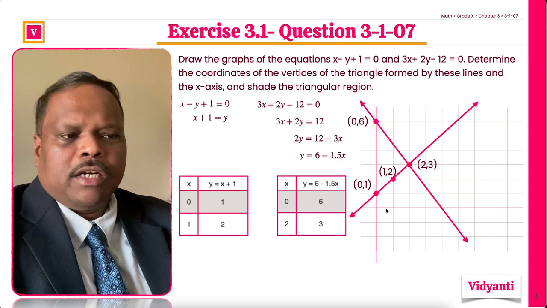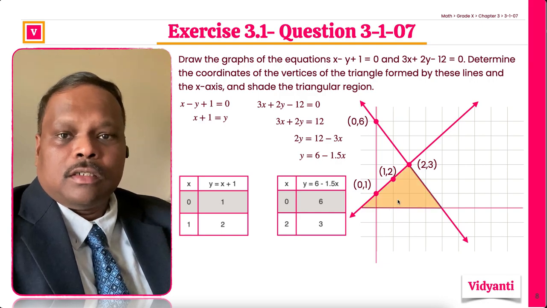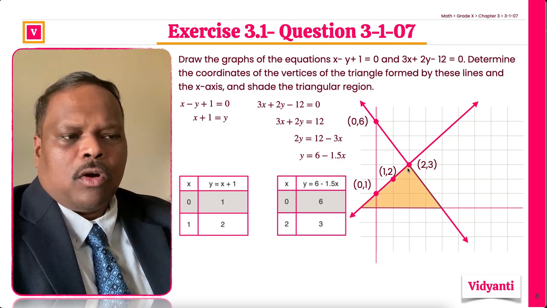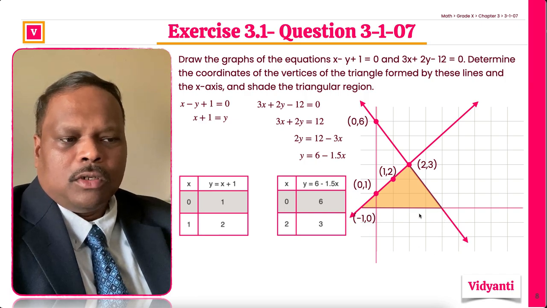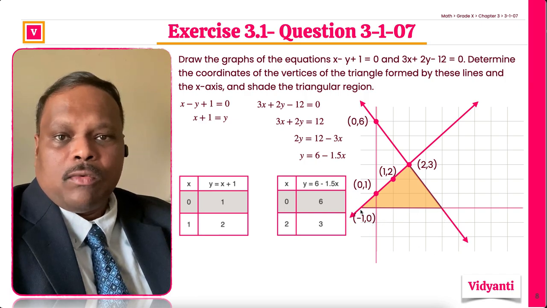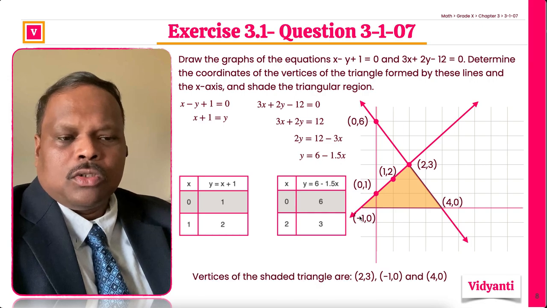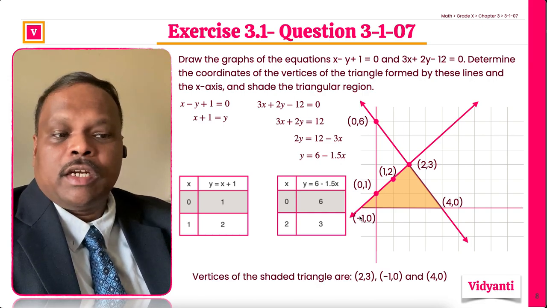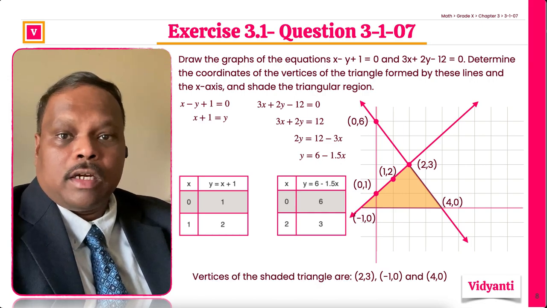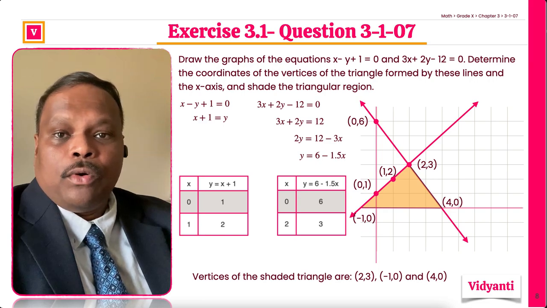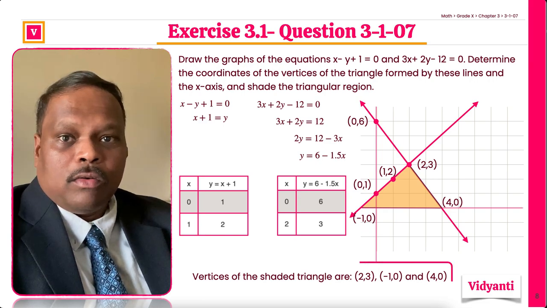Let's shade that triangle. So this is the shaded triangle. One coordinate is 2, 3, another coordinate is 4, 0, and another one is -1, 0. So the final answer will be: vertices of the shaded triangle are 2, 3, -1, 0, and 4, 0. And that would be your final answer.